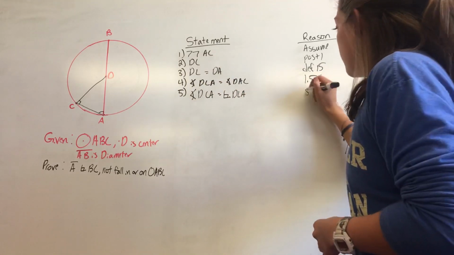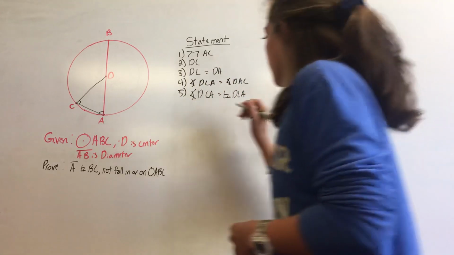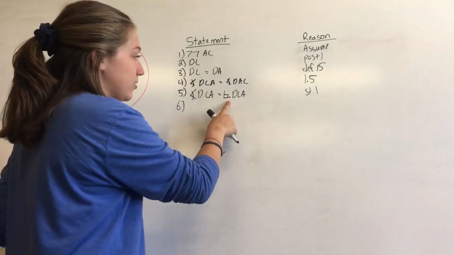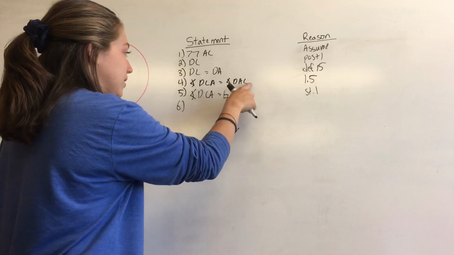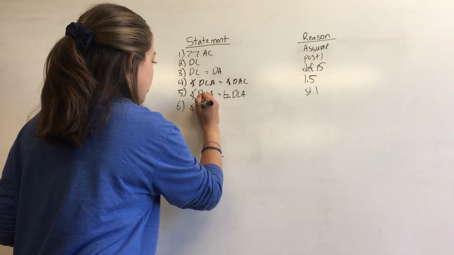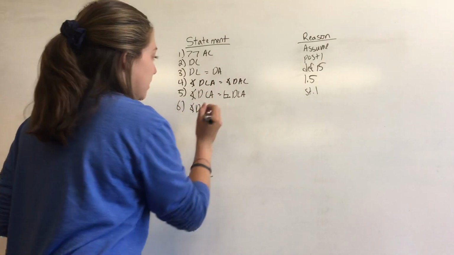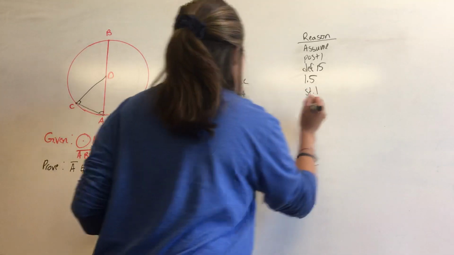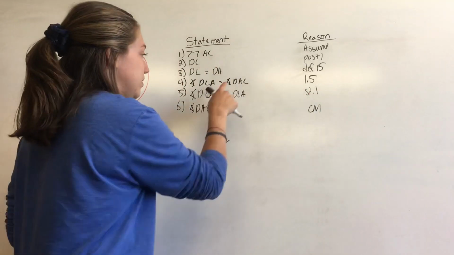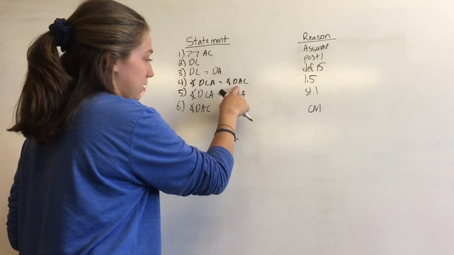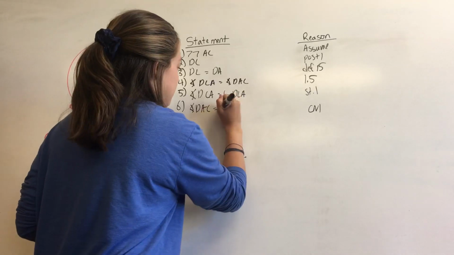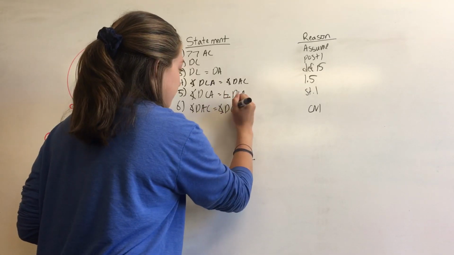So that's from step 1. And since DCA is a right angle, we know that DAC is equal to a right angle because of common notion 1, which says that if DCA equals DAC and DCA equals a right angle, then DAC equals a right angle.